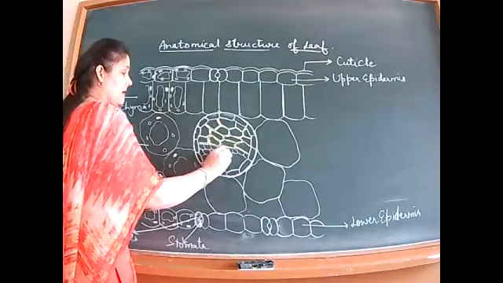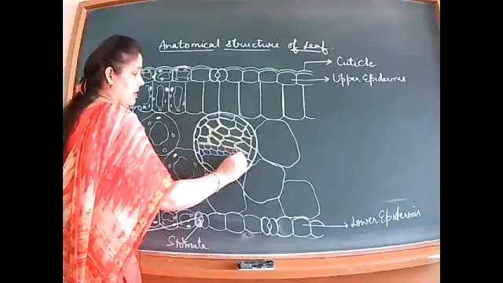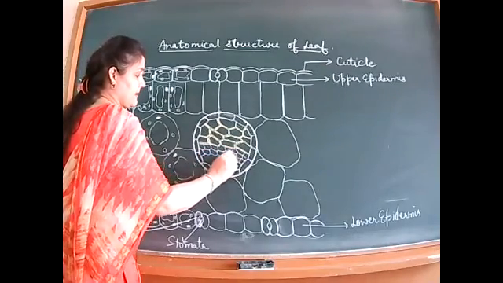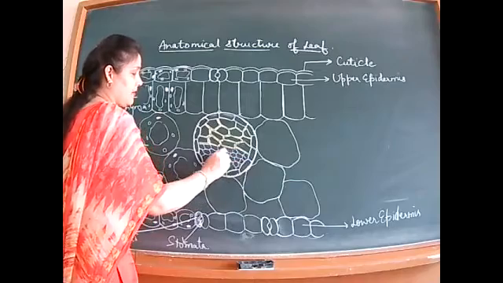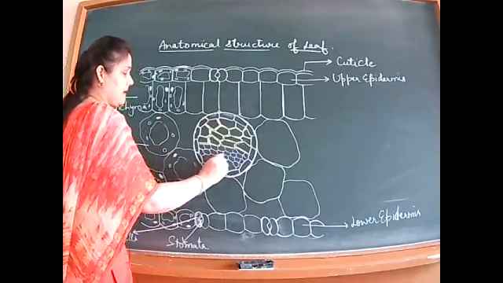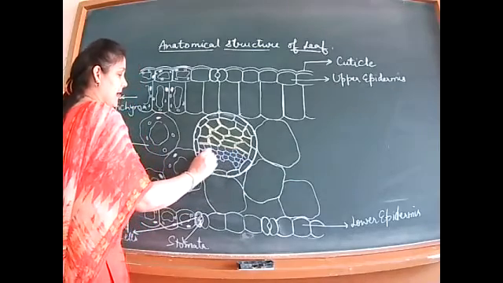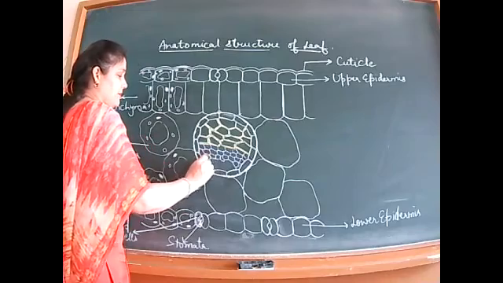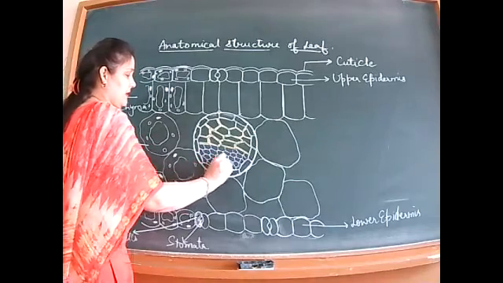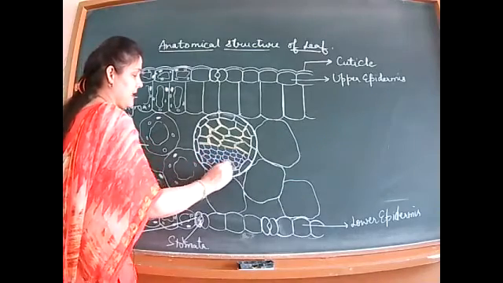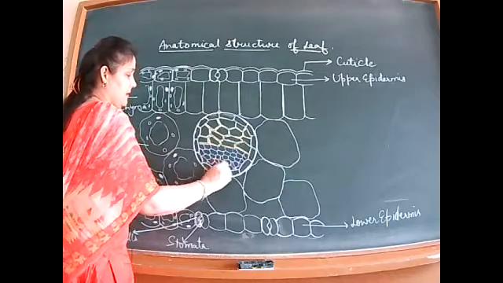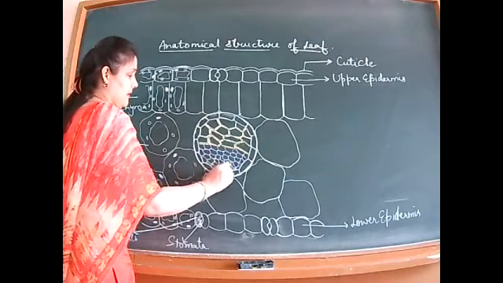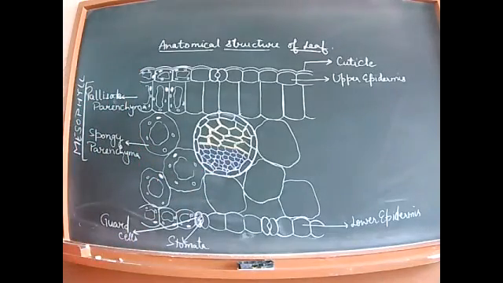So these are made with thin walls like this. You can simply make them irregular, in any shape, just covering the whole of the inner circle, the place for the phloem. So this is phloem, okay?